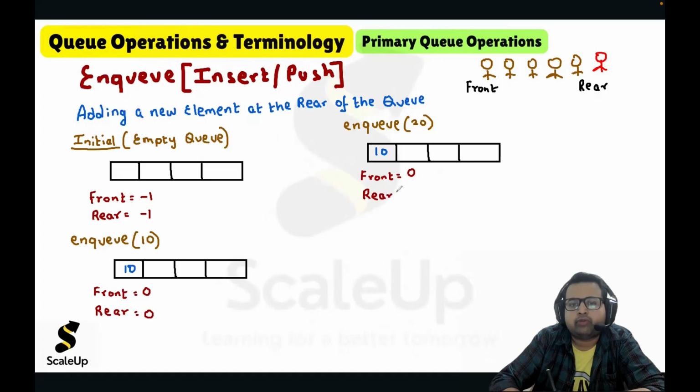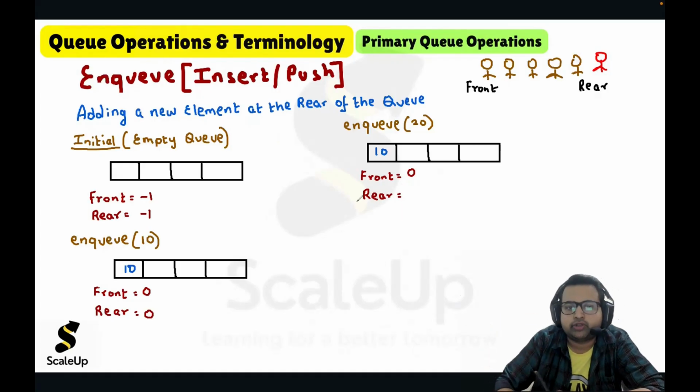Whenever we perform the NQ operation, the rear position is incremented. Initially it was 0, now it will become 1. At that position the new element gets added. So 20 will be added at index 1, because if you take it like an array, indexing starts from 0. This is how the NQ operation works.